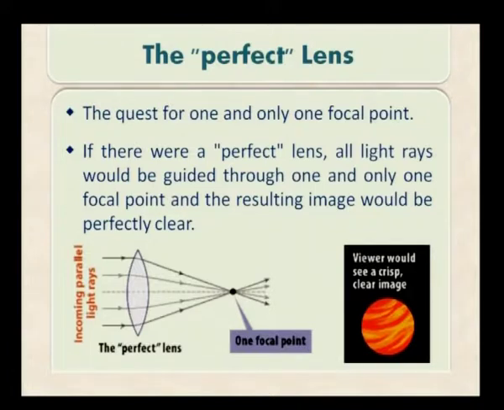You have got a crisp and clear image of the object, and if there were a perfect lens, all light rays would be guided through one and only one focal point, and the resulting image would be a perfectly clear point. Now, I will tell you what we mean by a perfect lens later, and we now pass on to something very interesting.